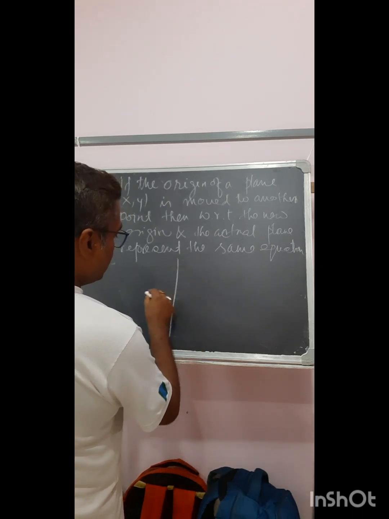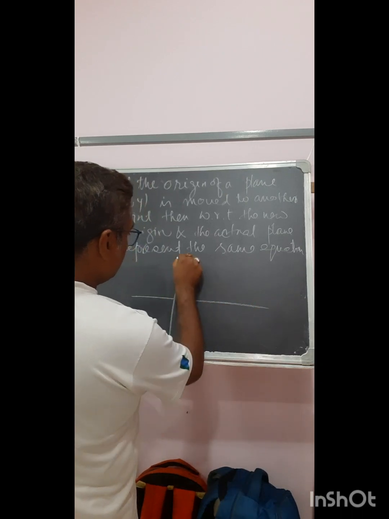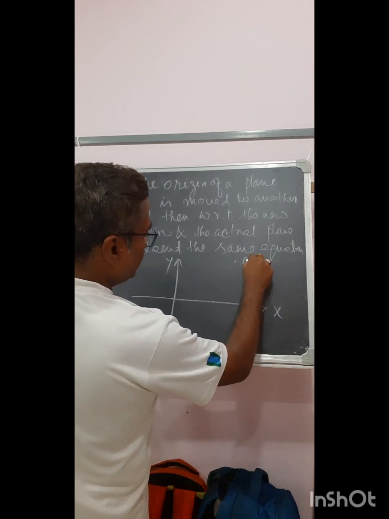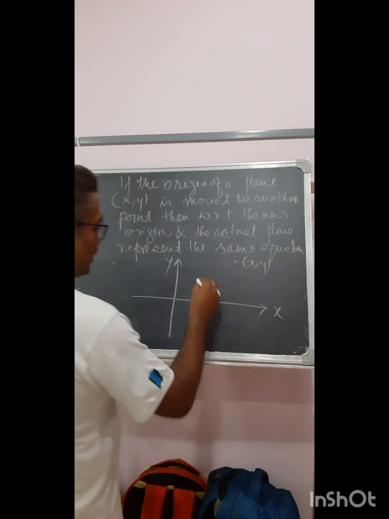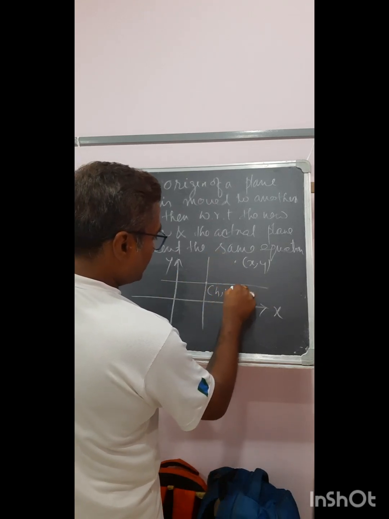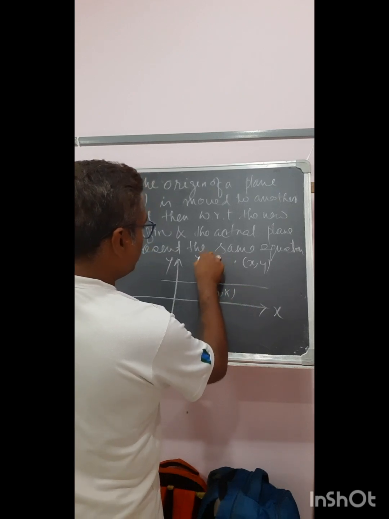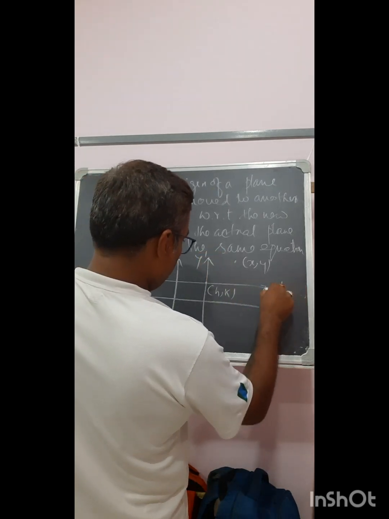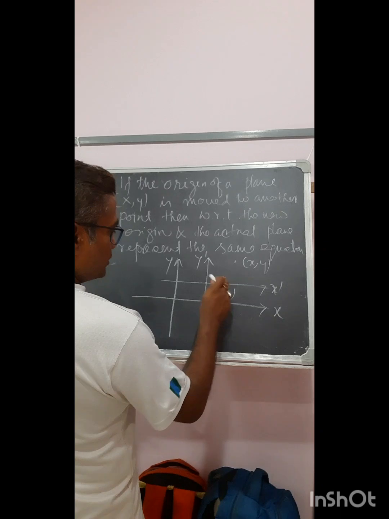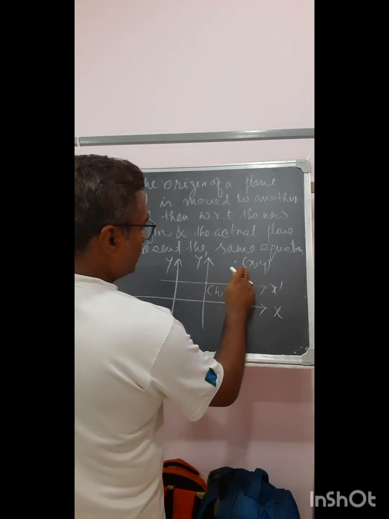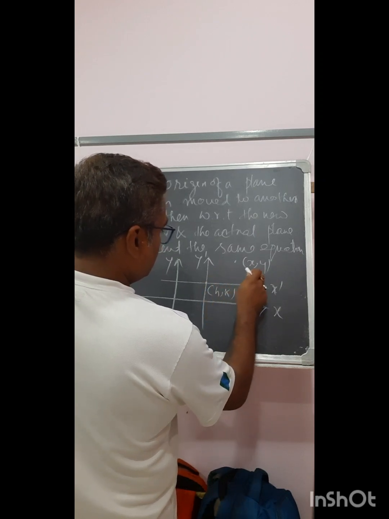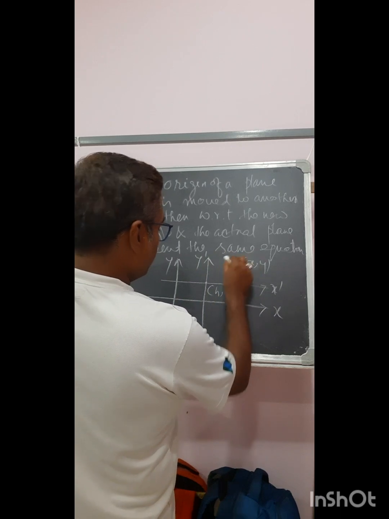If any point on the actual xy plane is denoted by x and y, and the origin is shifted to some other point, let's say h and k, then what is the coordinate of this point with respect to the new plane?